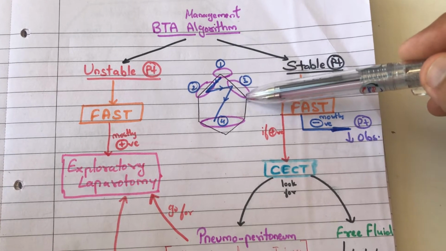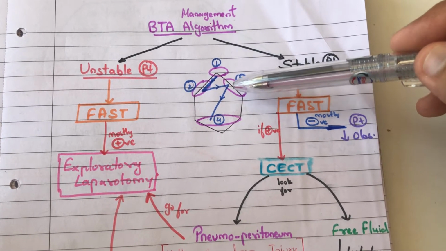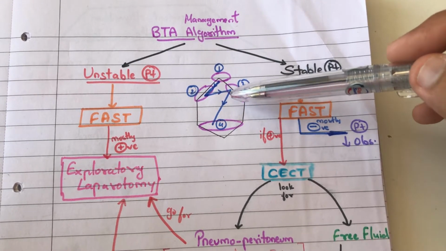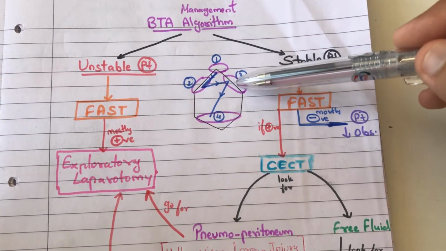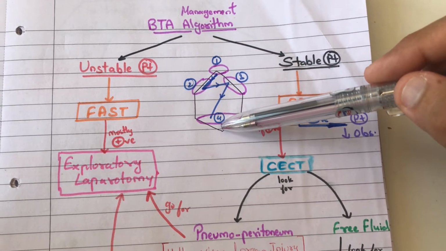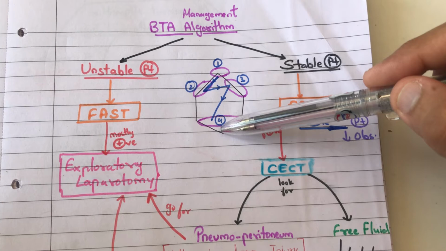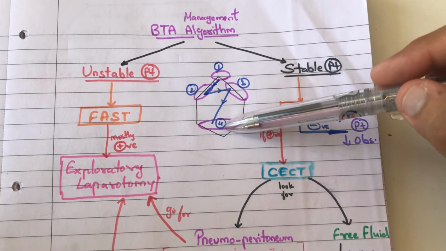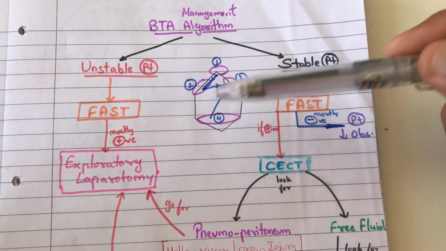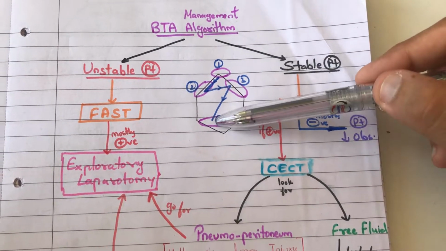The third one is the splenorenal space, the space between the spleen and the kidney, again for the same reason. The last one is the pelvic view. This is to look at the cul-de-sac or the pouch of Douglas for any accumulation of blood or fluid in the pelvic region.